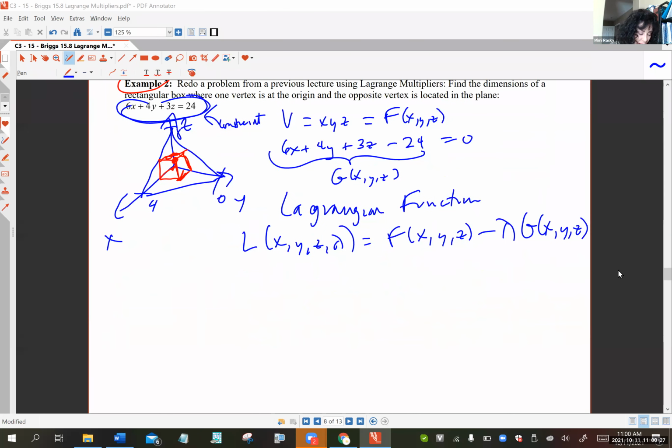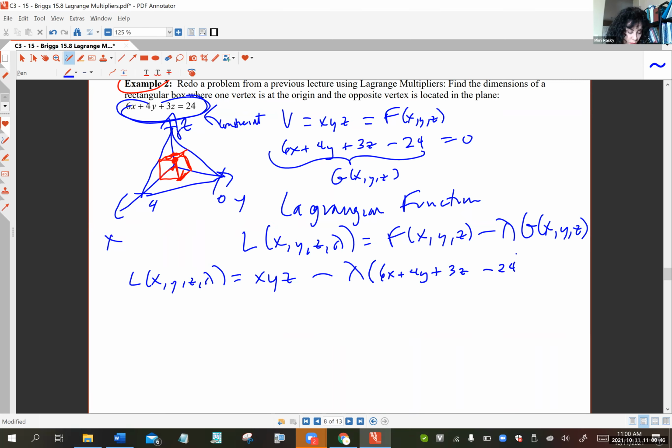So for us, our big Lagrangian L(x, y, z, lambda) is going to be the volume, xyz, minus lambda, that's our angel from heaven coming to help us, times parentheses 6x plus 4y plus 3z minus 24. There's your big Lagrangian. You're going to go get its critical point or points. No D-test needed, though.